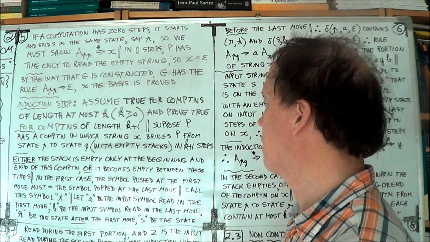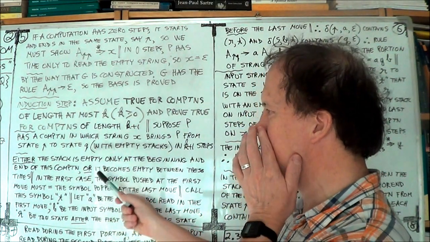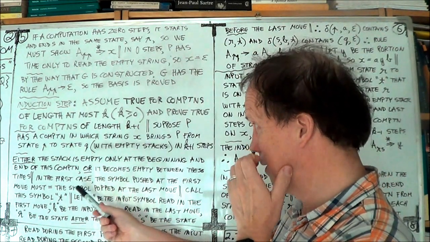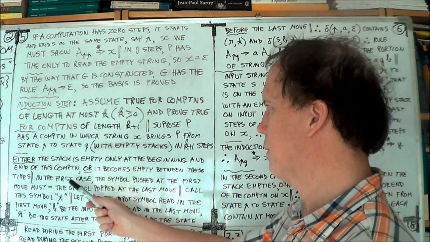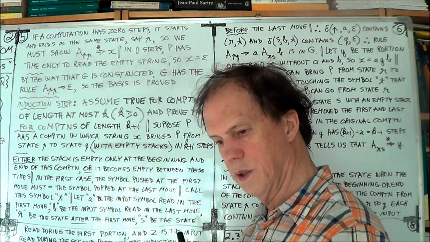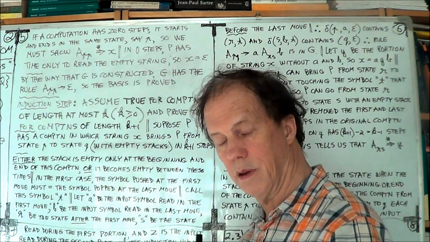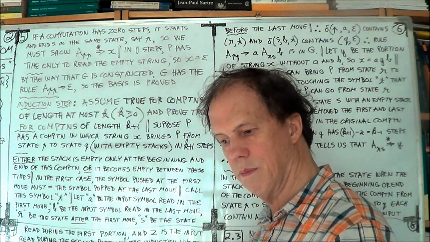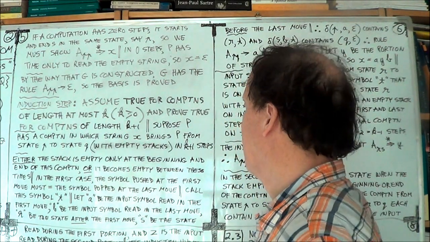Then we have those 2 cases, and we'll treat each case separately. Now, in the first case, that's when the stack clears for the first time at the end, when the machine goes to state q.